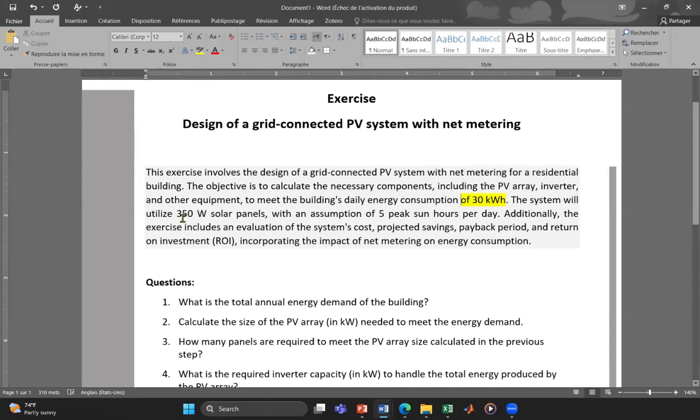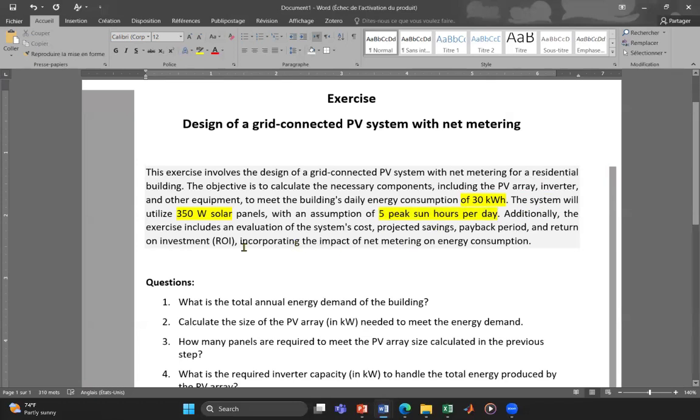The system will utilize 350 watt solar panels, with an assumption of 10 kilowatt hour per square meter per day. This is the sun power per day, about 5 peak sun hours per day.